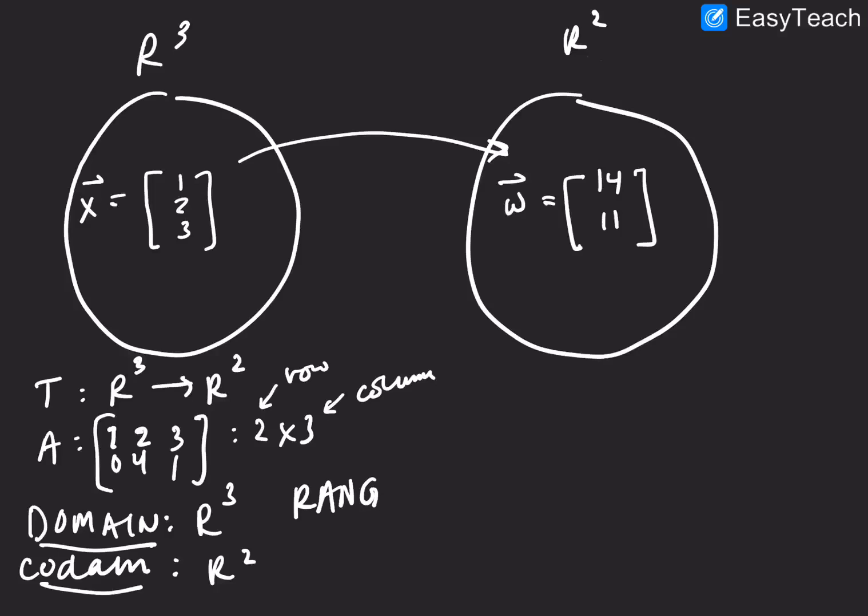The range is basically all the vectors in R2 that are mapped or, quote-unquote, paired. And the range is the subset of the codomain. And I'll write that down.